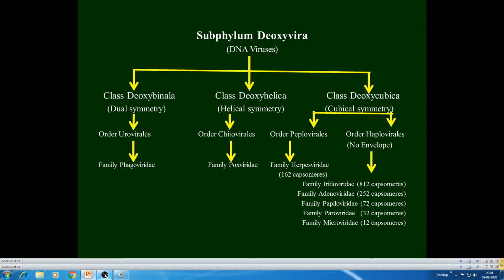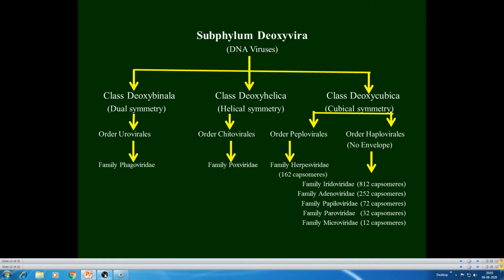As I told you earlier, when classified into order, the name must end in the suffix -ales. So the orders are Urovirales, Cytovirales, Papillovirales, and Haplovirales. Haplovirales means no envelope. They are naked viruses.